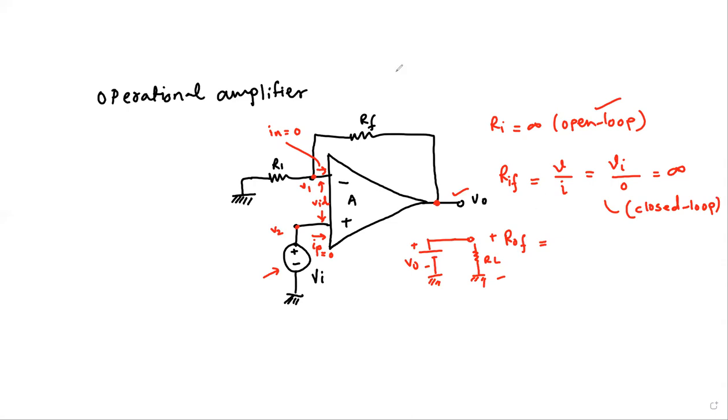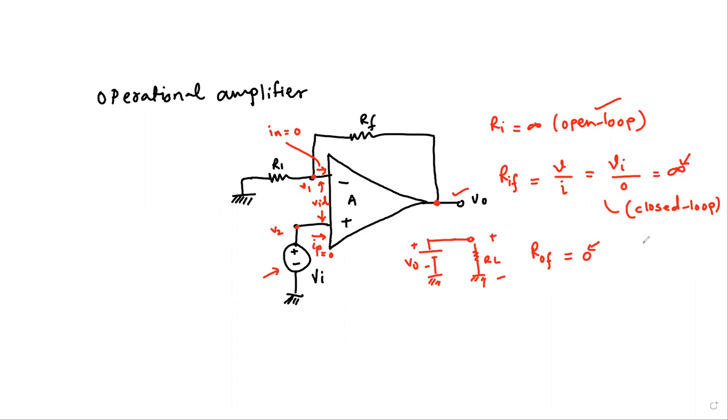So therefore the ROF is 0. So these are the ideal characteristics for the amplifier with feedback. Obviously, in a practical case, these values are not going to be met, that means the ideal characteristics that we have seen here, whether open loop or closed loop, are not going to be what we provided here.